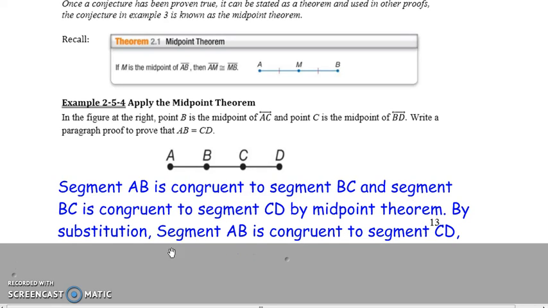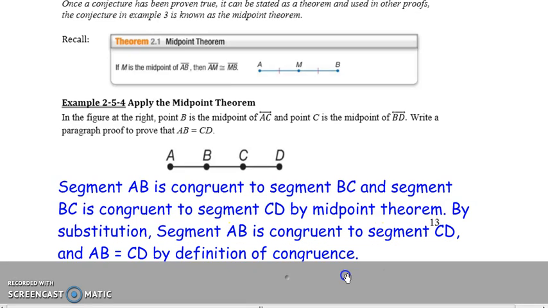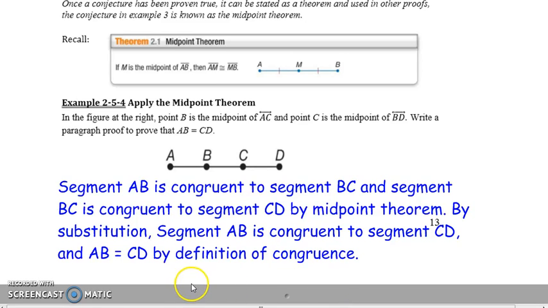Then by substitution, we can plug in, or even transitive, then AB has to be congruent to segment CD. And if they're congruent, they're equal by definition of congruent segments.